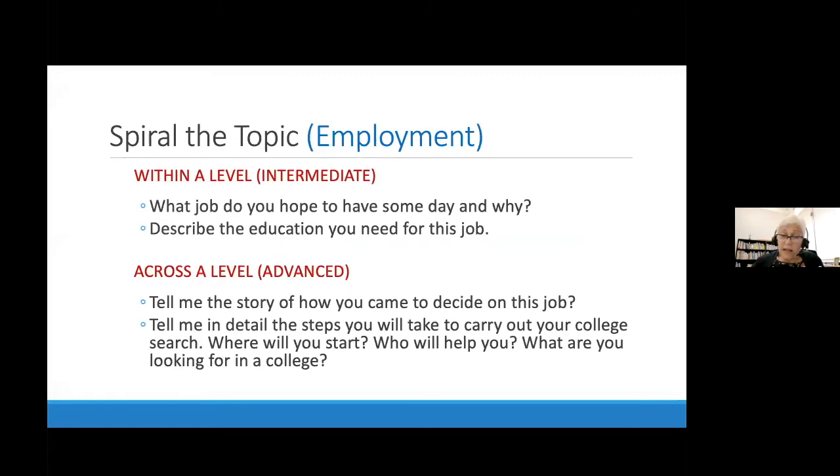Moving them to advanced, tell me the story of how you came to decide on this job. Oh, narration. Paragraph level. Tell me in detail the steps you will take to carry out your college search. Where will you start? Who will help you? What are you looking for in a college? Description in detail. Paragraph level response.